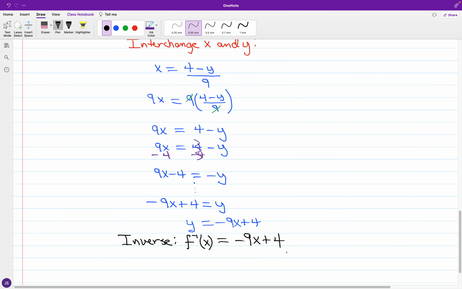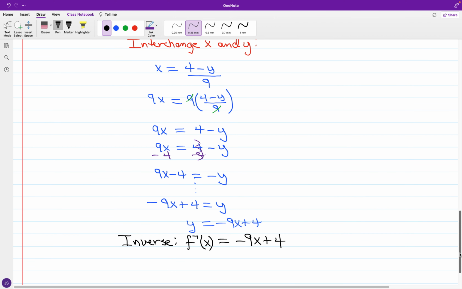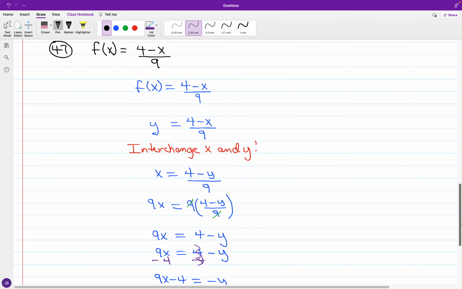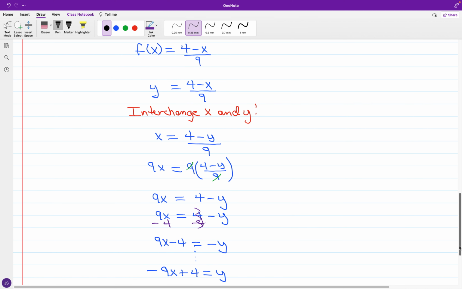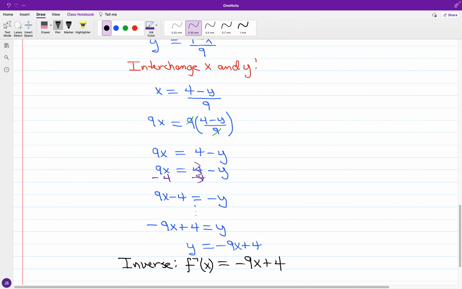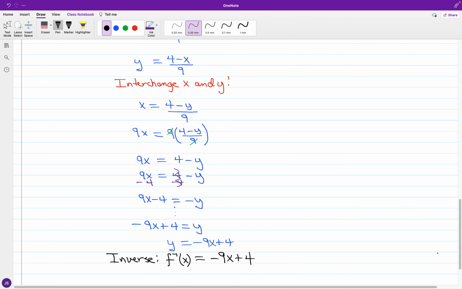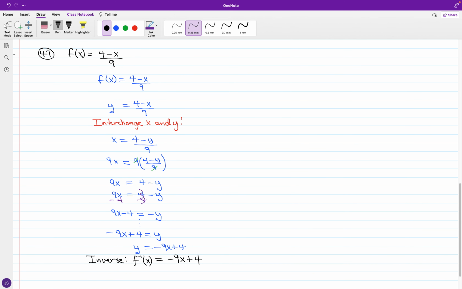Again, we started out with our function and put it in terms of y equals 4 minus x over 9. Y is in reference to the original f of x. And after the interchange, the y that we proceed to is in reference to the inverse. So you have y is equal to negative 9x plus 4.